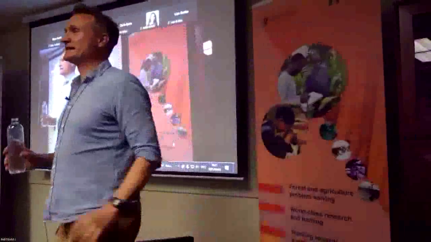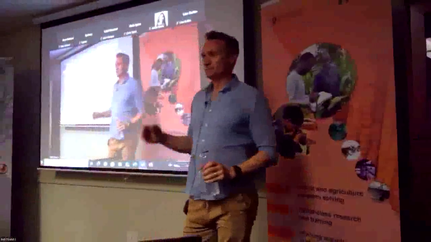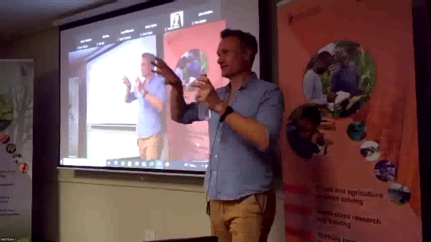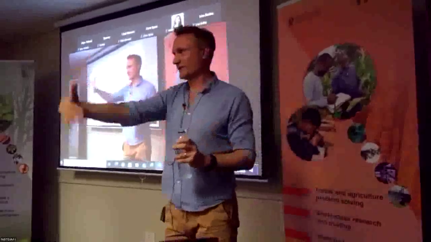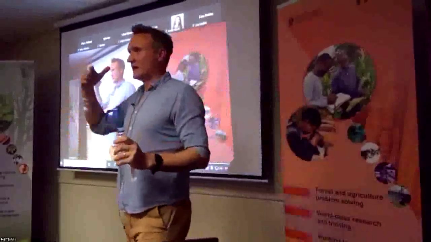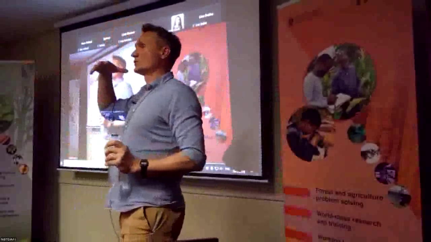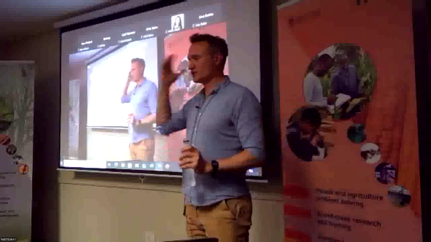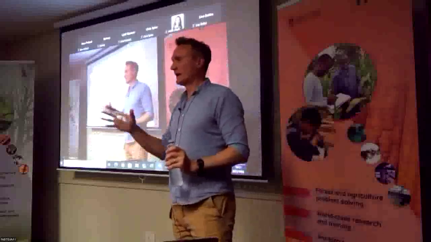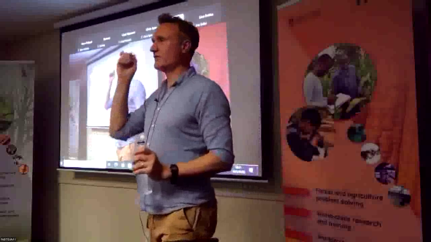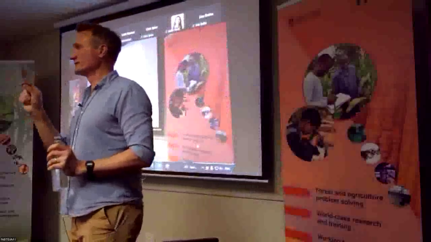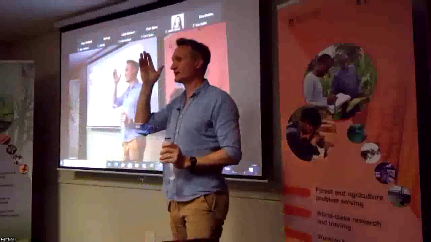So this gets back to this question of native versus exotic versus assisted migration. Up until recently, the Forestry Commission's job was to produce timber, and they would do that with a very narrow list of exotic conifer species that would grow nice and straight and fast.